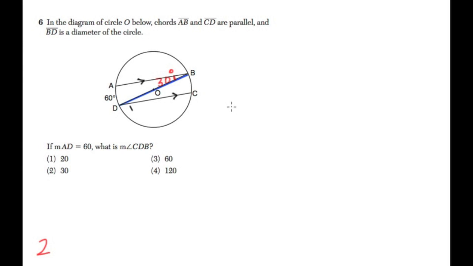So angle BDC is 30 degrees. Or CDB rather. So the answer, not 1, sorry, it's 2, 30 degrees. Okay, the Regents exam loves giving these types of problems. You will always see this type of problem in your Regents exam, whether you like it or not.